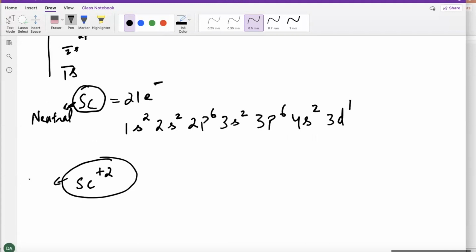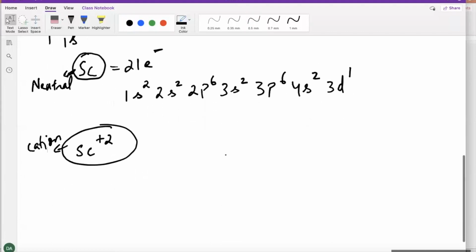This is the ion, specifically a cation. Positive ion is called a cation. So what does that mean, guys? Scandium plus 2 means what? That it has gained 2 electrons or lost 2 electrons? See, scandium is positive 2, meaning it has become positive, meaning it must have lost something negative, and negative is electrons. So the electrons here is 19 electrons now.